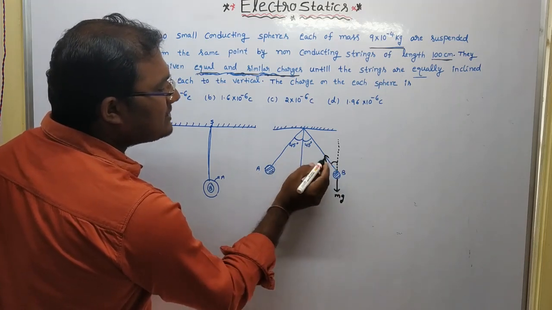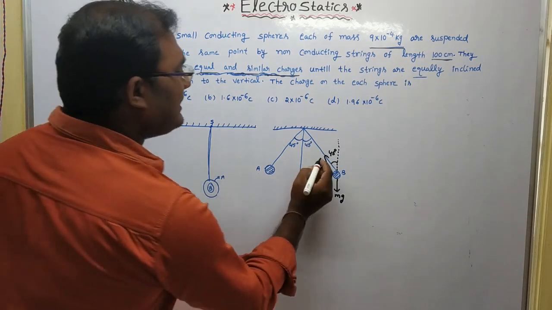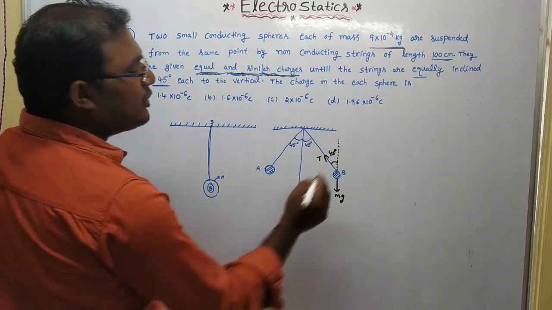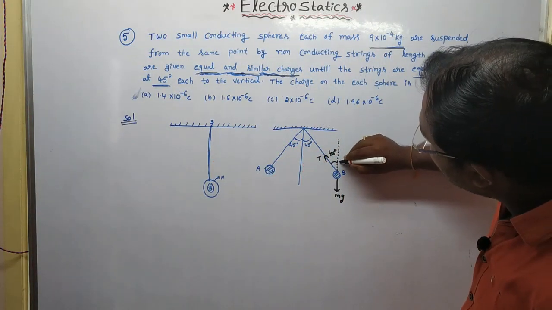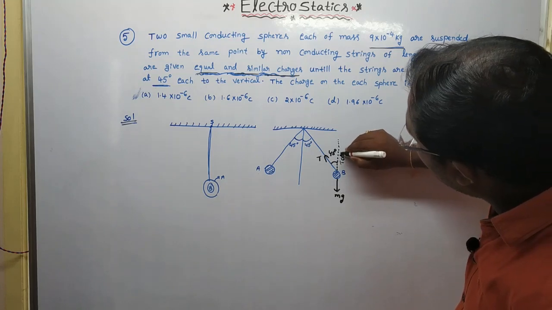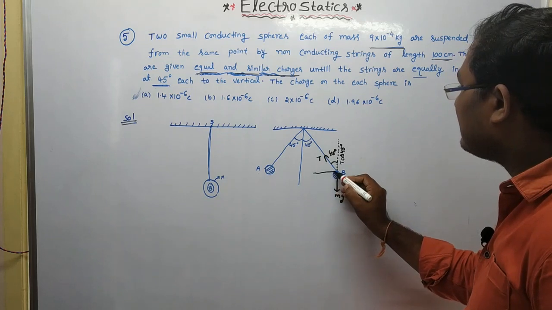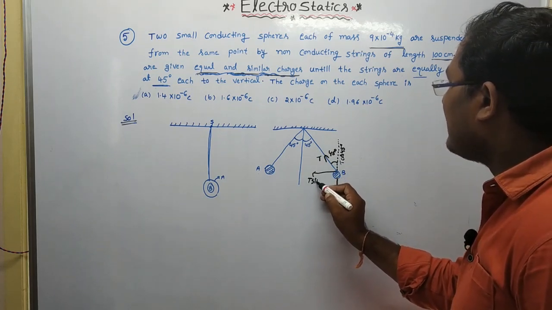Here the angle is also 45 degrees. We split the tension in the string into two perpendicular components. One is T cos 45 degrees and another one is T sin 45 degrees.